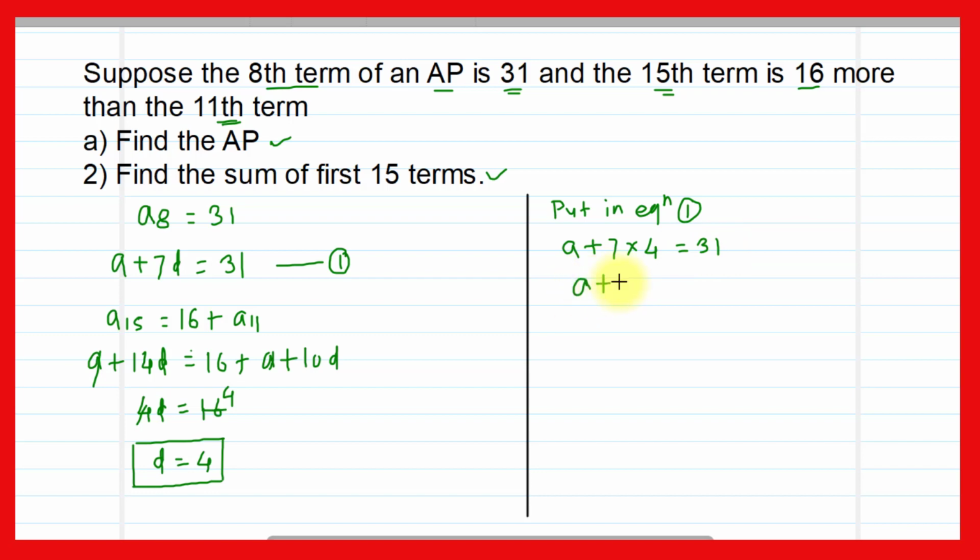So A plus 28 is equal to 31, and if you take 28 to the other side, you will get 31 minus 28, and so A will be equal to 3.